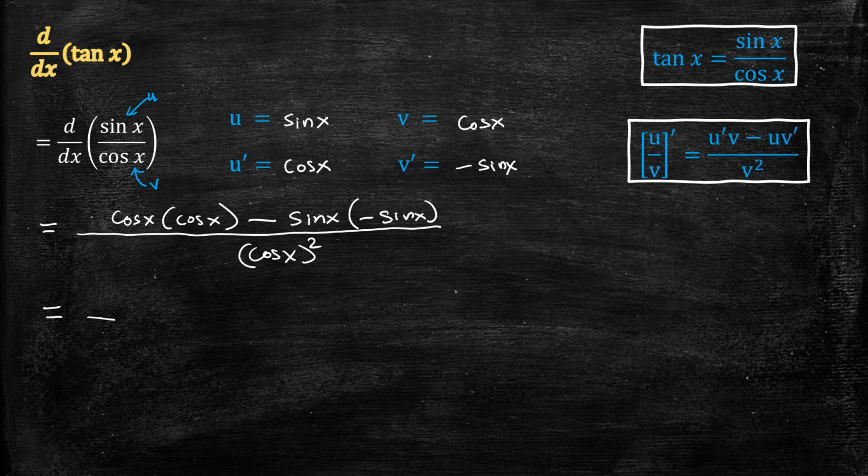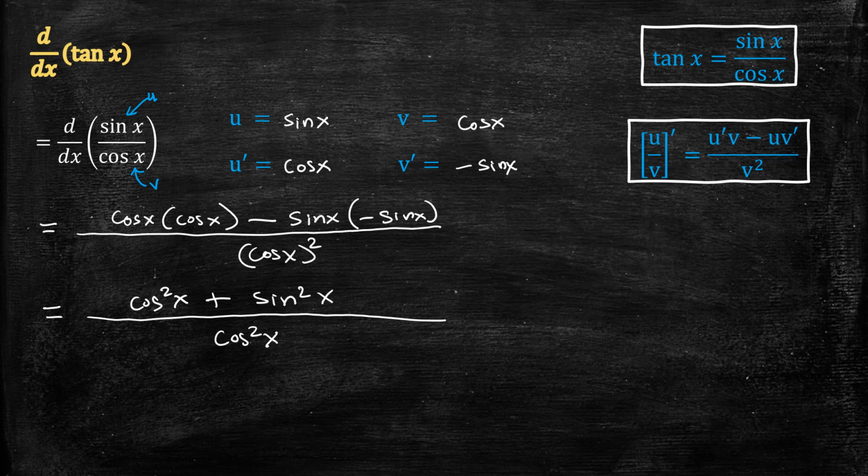Now let's tidy that up a little bit. Cosine x times cosine x we can write as cosine squared x, plus sine x times sine x is sine squared x, and that's all over cosine squared x. It's more convenient to write cosine x squared in that form so you don't need parentheses.